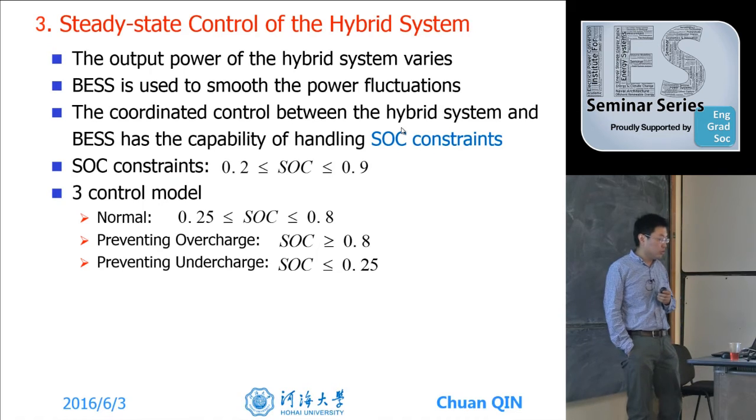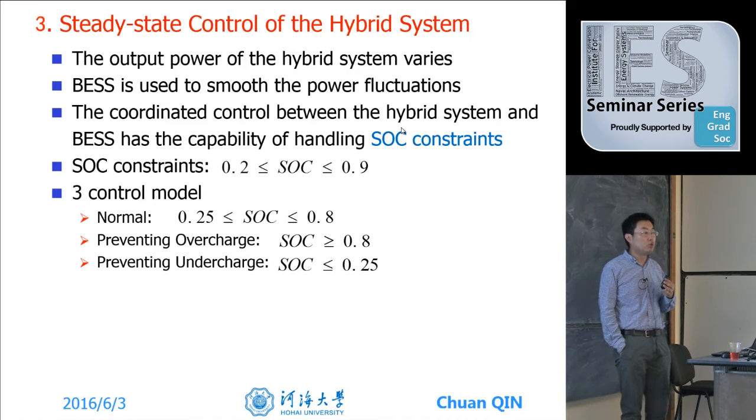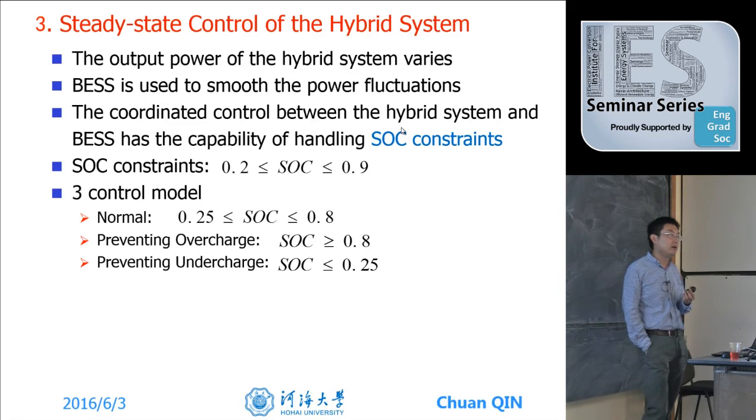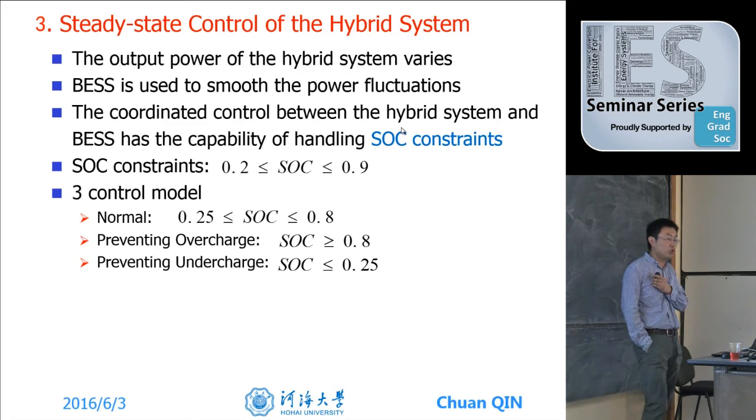Thirdly, I will introduce the steady state control of the hybrid system. We know the output power of the hybrid system varies due to the intermittent nature of the renewable energy source, and the battery energy storage is used to smooth the power fluctuations.